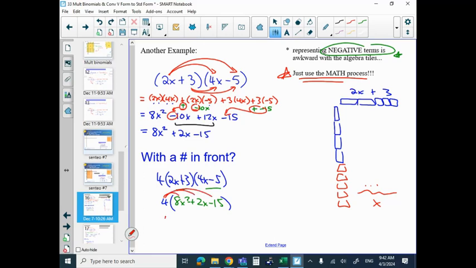So we'd have the 4, and I should have equal signs here. This stuff here is equal to this stuff, which is then equal to this. That's why it's good to have equal signs down the page on the side. It shows that you know that things are equal to one another. So we'd have the 4 times the 8x squared plus the 4 times the 2x plus a 4 times the negative 15. And then we'd get the answers from that.